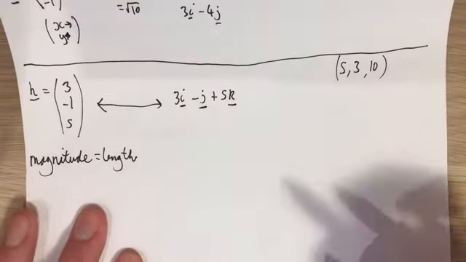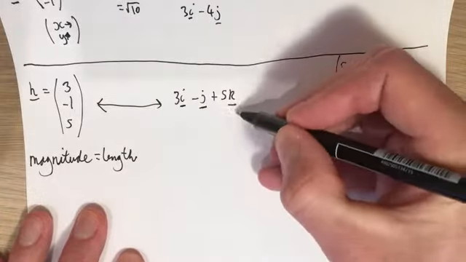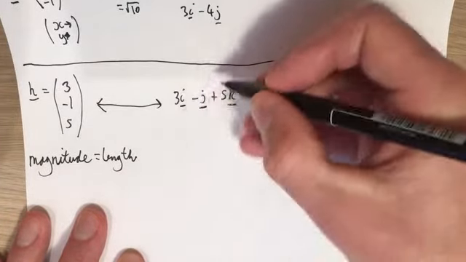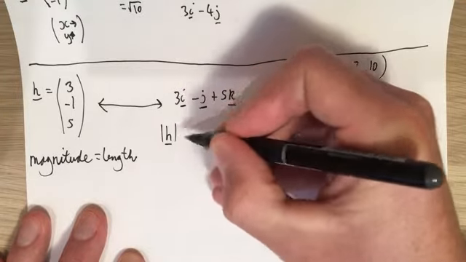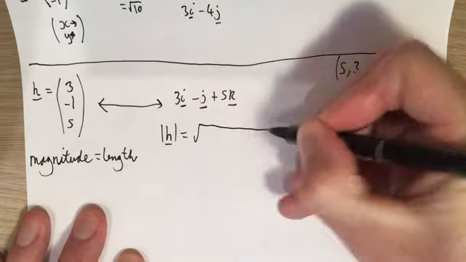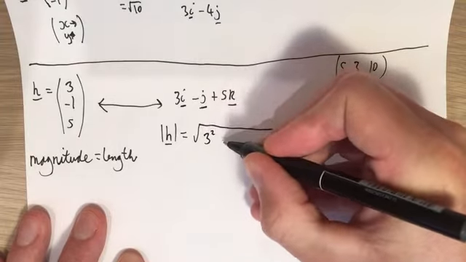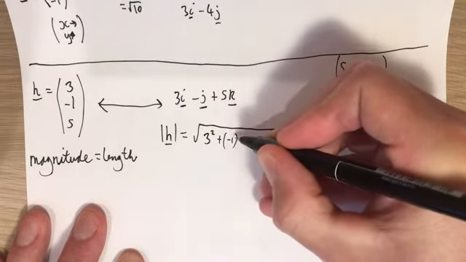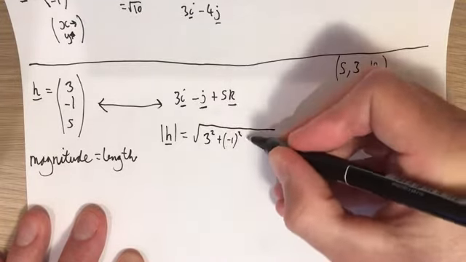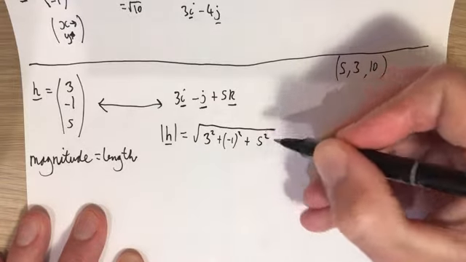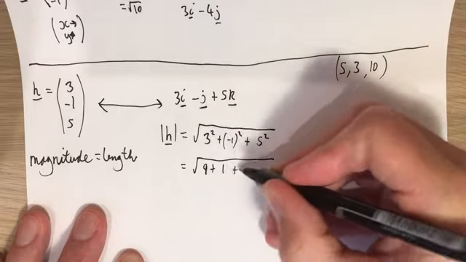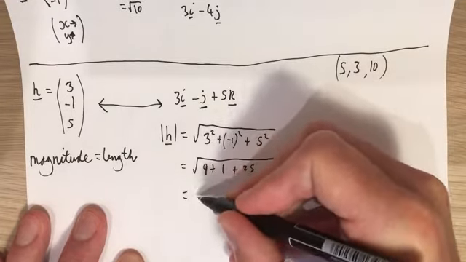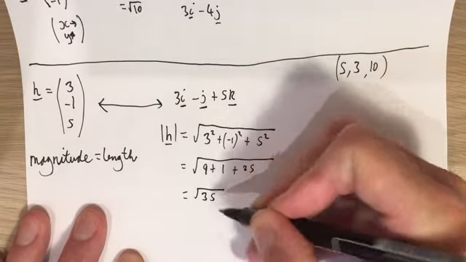If we're in 3D, life is even more fun, right? So the magnitude of this vector, let's call it h, is the square root of 3 squared plus minus 1 squared plus 5 squared, which is the square root of 9 plus 1 plus 25, which is the square root of 35.